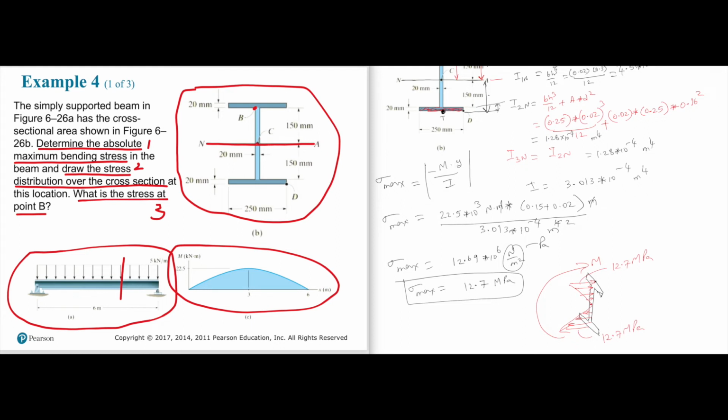y is the distance from the neutral axis to B, which is 0.15. So just apply the formula and write it as 0.15.